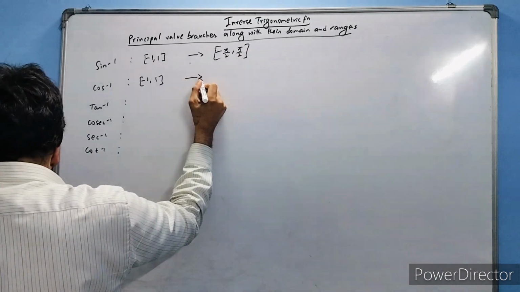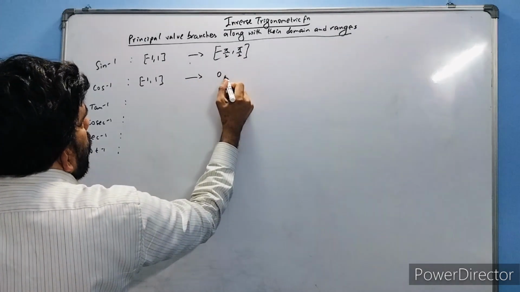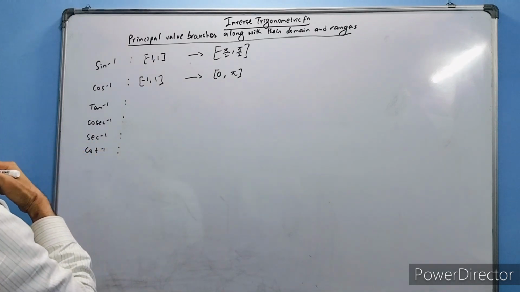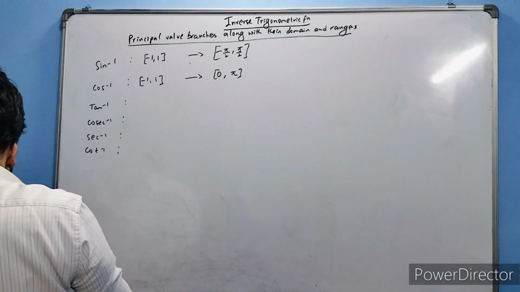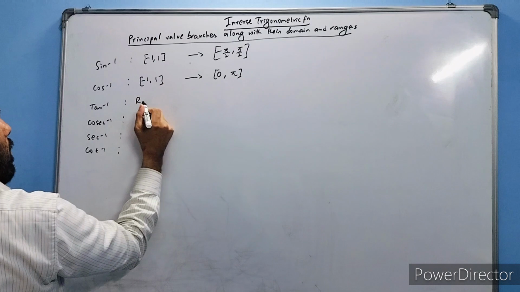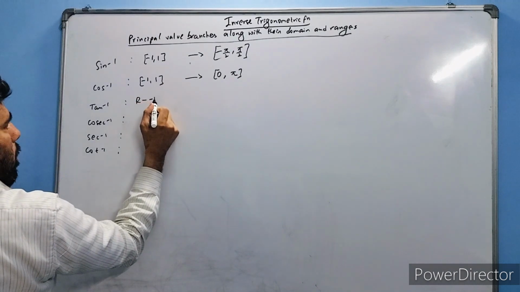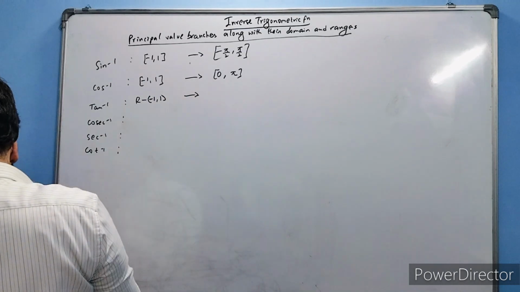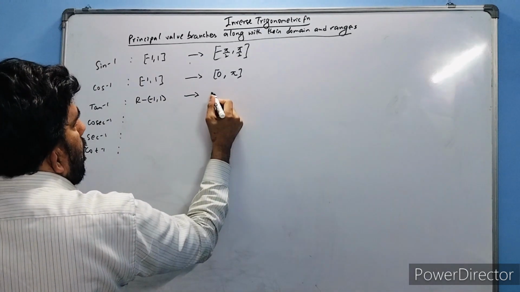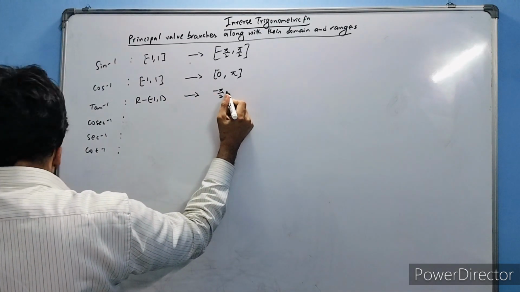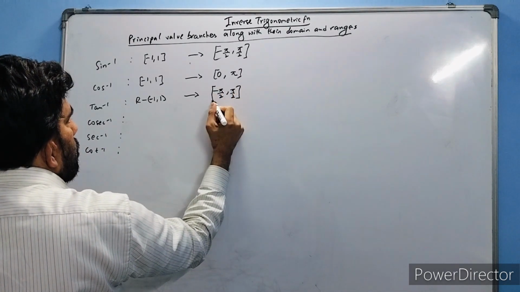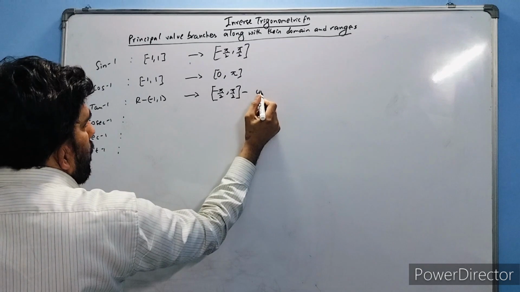Then again we have 0 to pi for cos inverse. Then we have tan inverse, whose domain is R, and it has the range minus pi by 2 to pi by 2, excluding the end values.